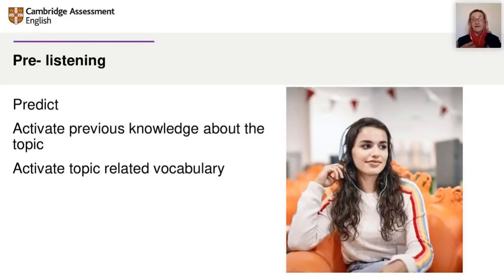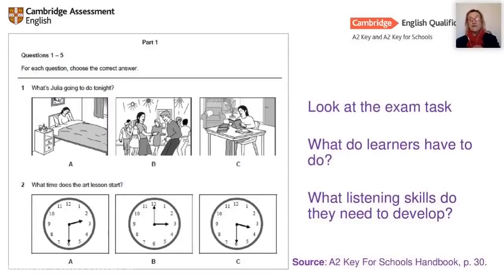We might be looking at developing their vocabulary so that they are more equipped before they go into the listening task. Now, I've got some examples from Cambridge English qualifications, but although the levels may be different, many of the actual skills that we're developing through these tasks will be the same across the different levels.